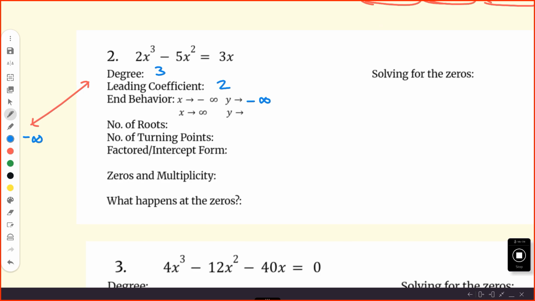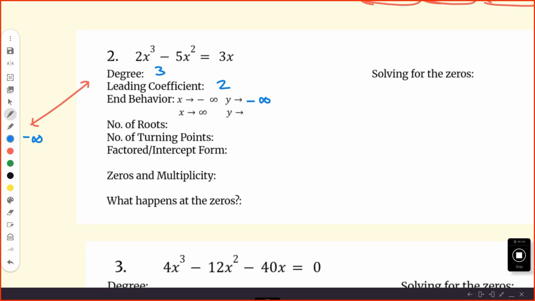Wait, it's positive because it's negative. Only if it's even positive, okay? Yeah, but it is. No, the degree. The degree is 3, not even. Okay, now remember, class, only if it's even, okay? Because, again, we have to know the degree, if it's even or odd.